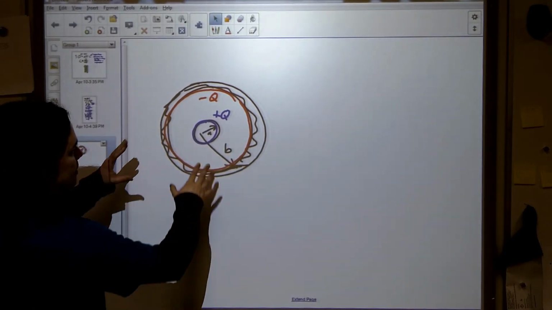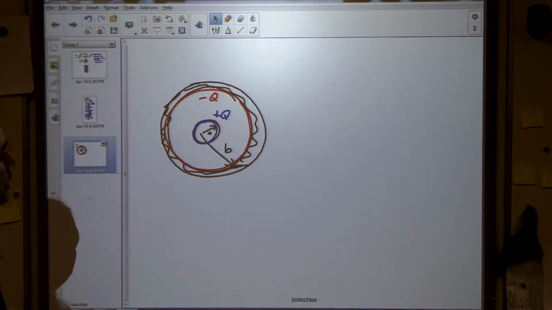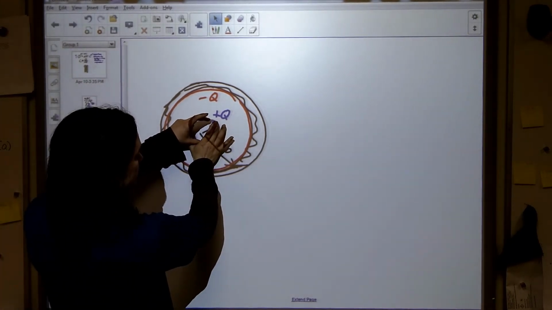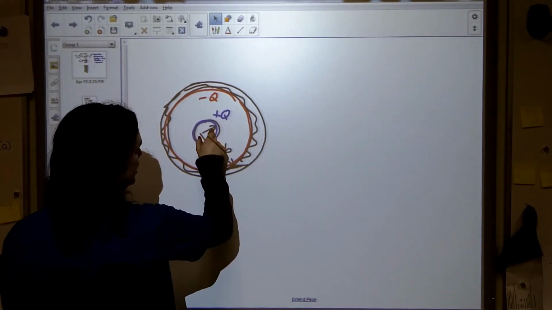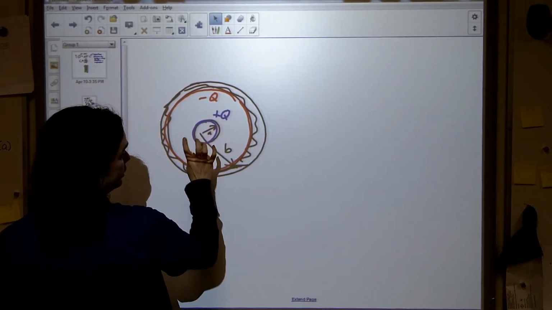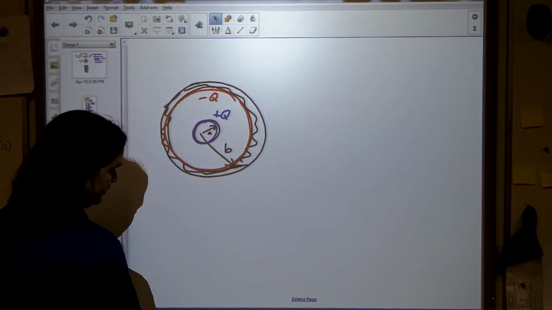I want to find the capacitance of this setup. Basically, two conductors. We've got a spherical conductor here and a spherical shell around it. The inner one has a radius of lowercase a, and the bigger one has an inner radius of lowercase b.